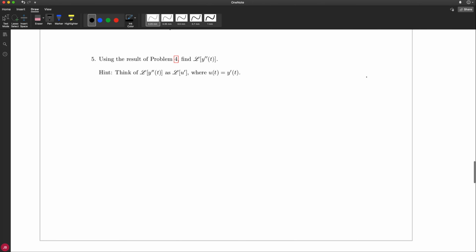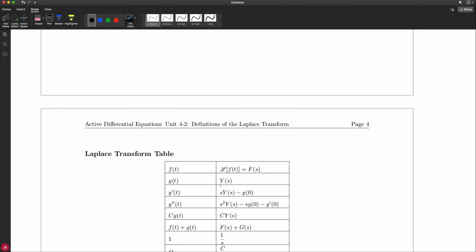And now here, we're just going to use the last exercise to prove that y double prime, that its Laplace transform is given by, well, we can just take a peek below here, given by this expression here, s squared times capital Y of s minus s times little y of 0 minus little y prime of 0.